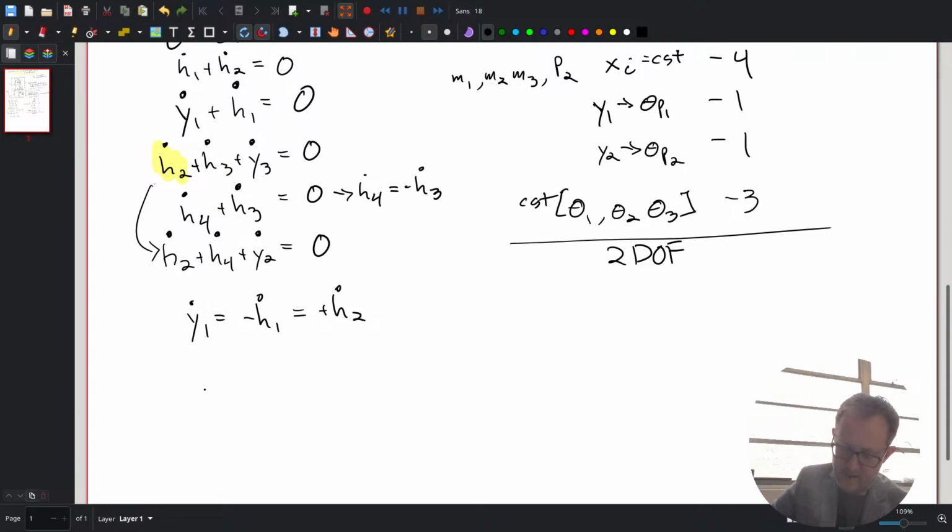And now I can plug in a y1 dot for h2 dot, and positive, so this is going to be a y1 dot. I'm combining these to get rid of the h values, and h3 and h4 are equal and opposite.